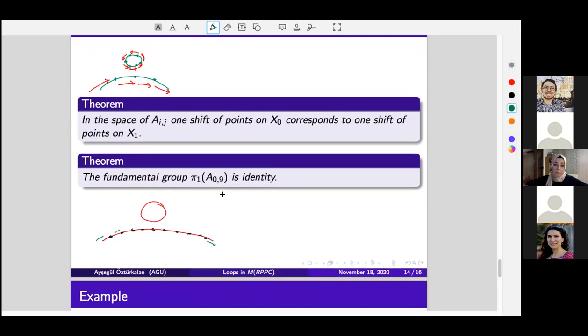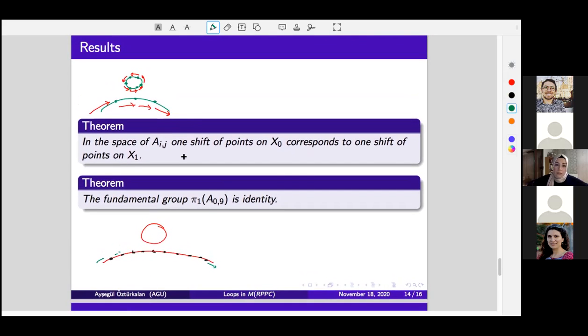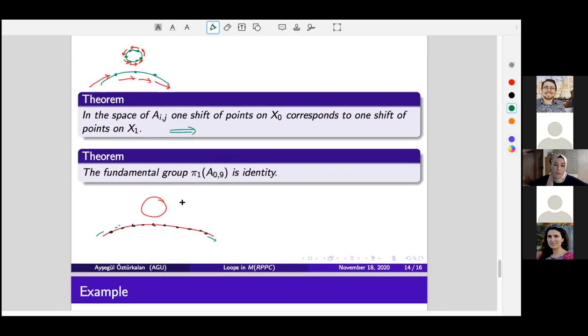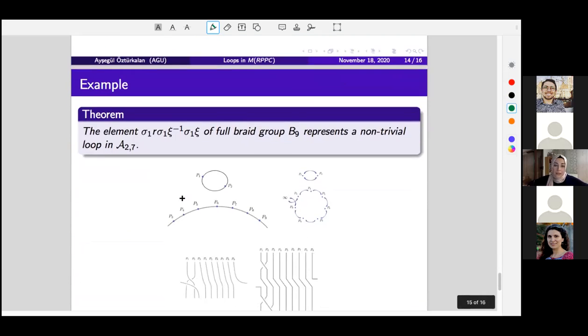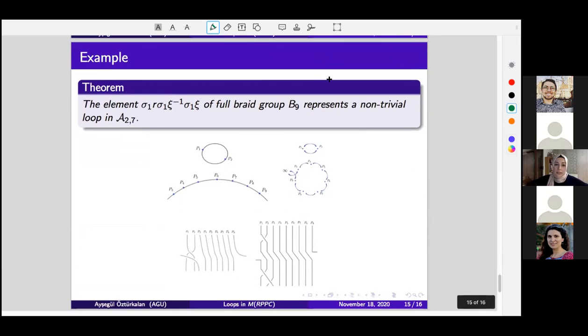Okay, let me tell this with an example. The example is another theorem we can state. When we are looking at, for example, A27, here this is A27. So we have 2 points here and 7 points here. So it means we have a curve passing through. Suppose that this is a cubic curve.